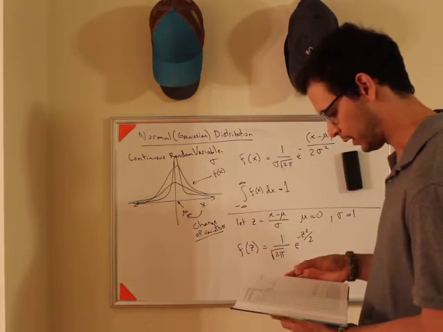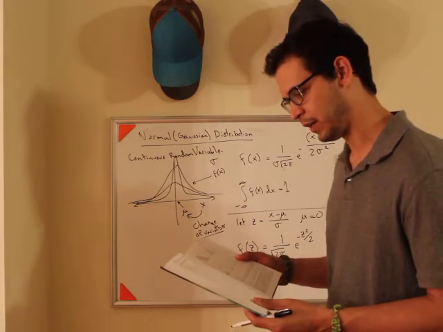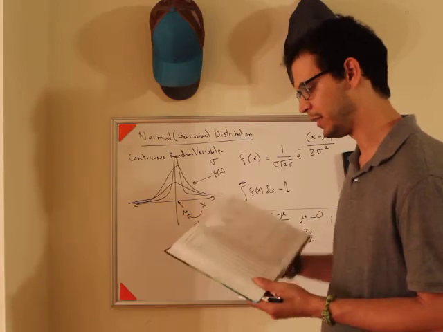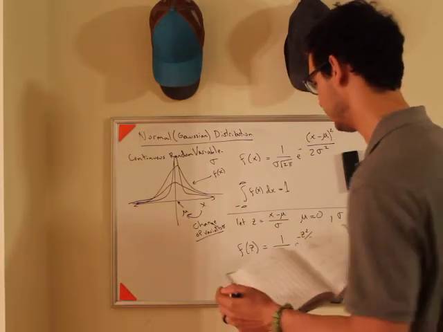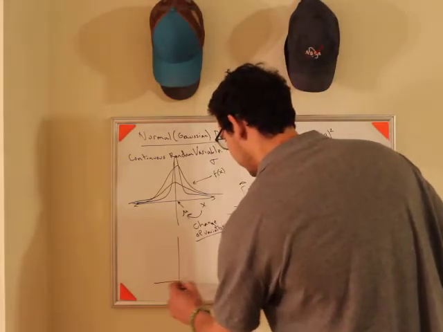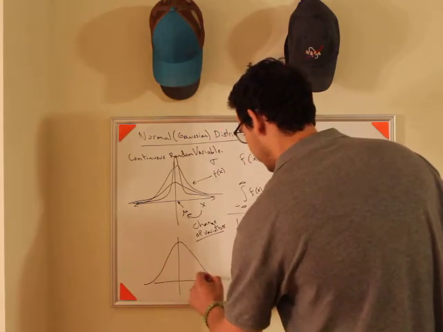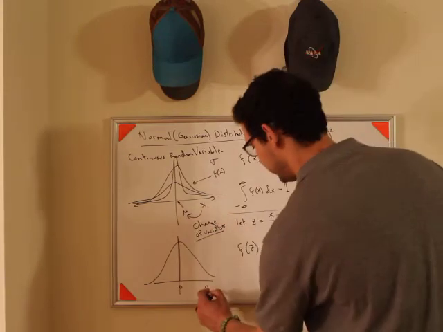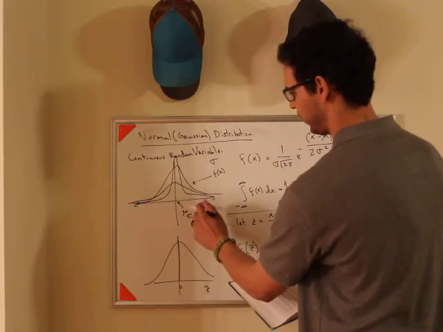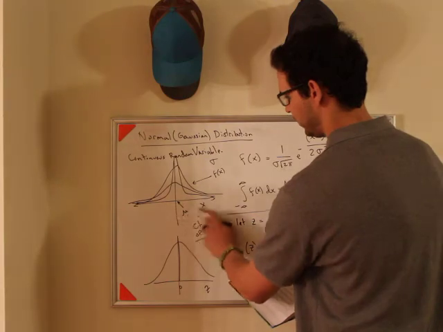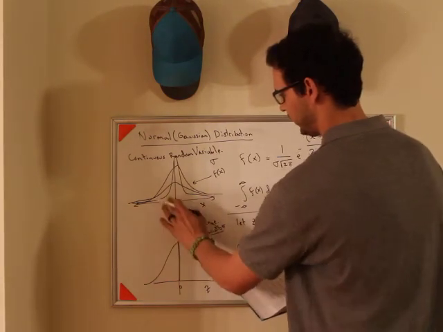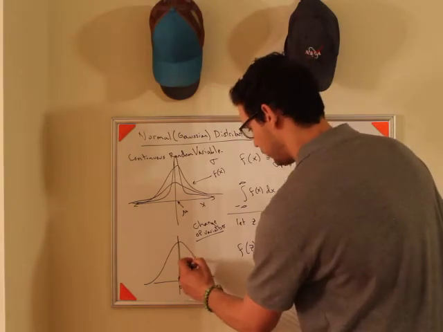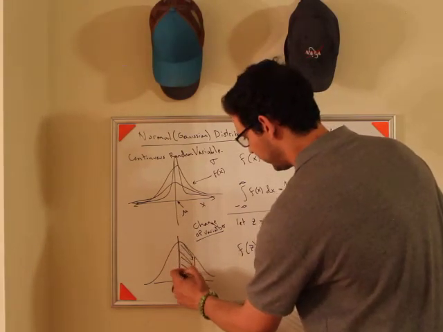The other thing that's neat about this is that there is a z distribution that tells you areas. So if I plot this, and this is being centered at 0, right? So this is z now, and this is x. This is the x-axis. It's centered at mu. This is the z-axis. It's centered at 0 now. What if I want to find this area here, right?